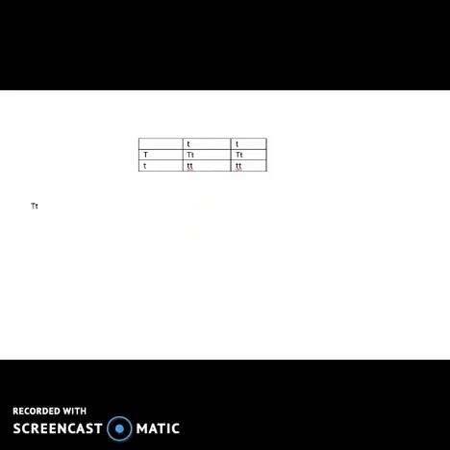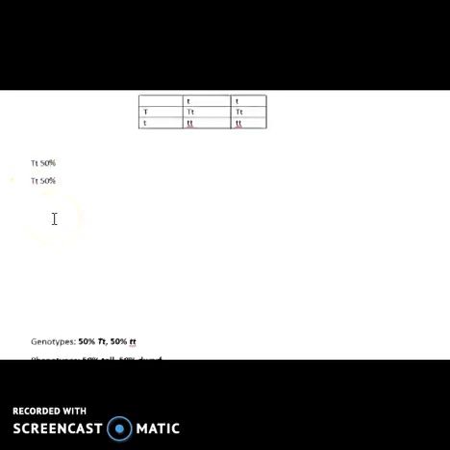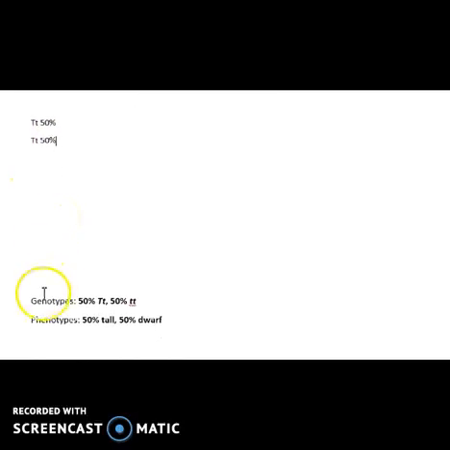So Tt 50% of the time, and lowercase tt 50% of the time. So, in terms of genotypes, as I mentioned above, and phenotypes in this case will also be 50%, 50%. This should be auto-corrected. This should be Tt.